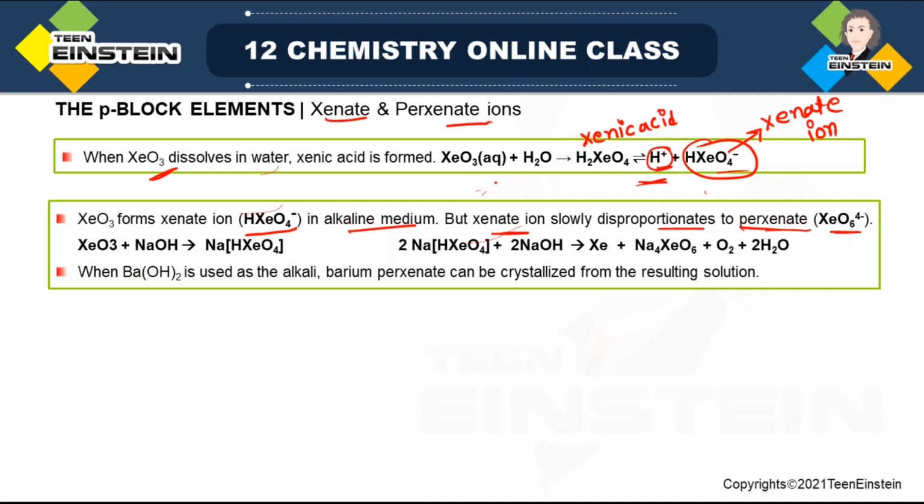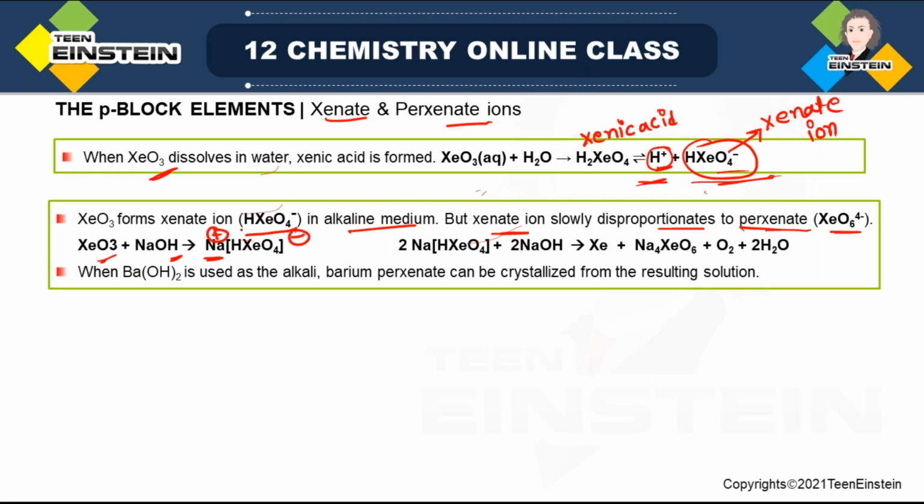Here we have seen how this ion forms after hydrolysis with water. But you can also directly treat XeO3 with NaOH, and in this case you get directly this ion, that is NaHXeO4. NaHXeO4 is nothing but xenate. Why? Because if you simply remove the sodium, what you get is HXeO4 minus.